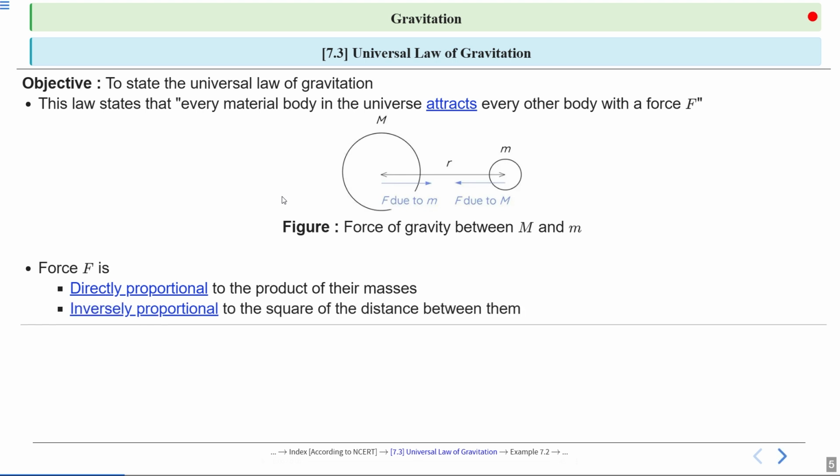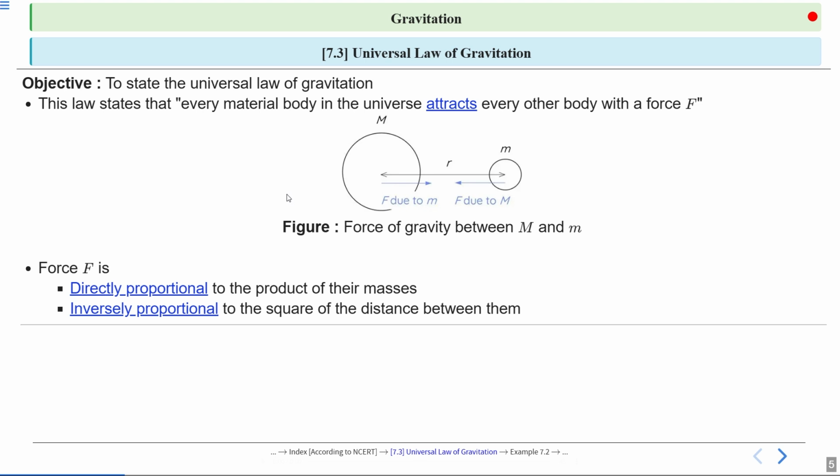The second factor affecting the gravitational force is the distance between the two bodies, that is r here. So the force is inversely proportional to the square of the distance between them. Between the two bodies the distance is r, small r.